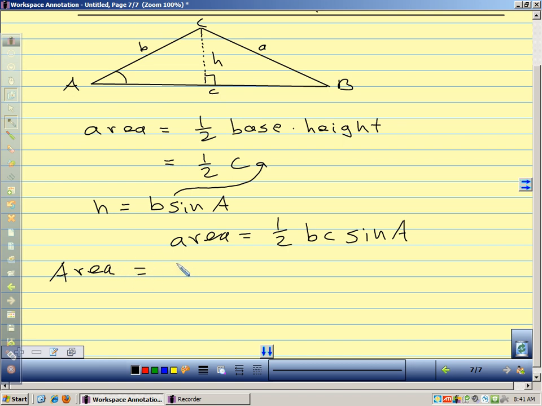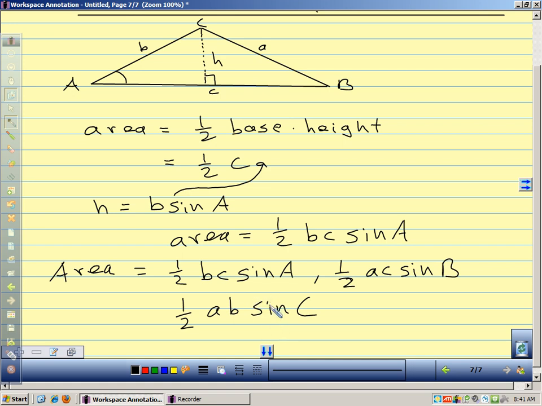Area equals 1/2, the one that we worked on, bc sine A. It's 1/2 ac sine B. Or 1/2, which combination don't we have? ab sine C. So if we have two sides and the angle between them, we can calculate the area of our triangle using one of these 3 formulas.